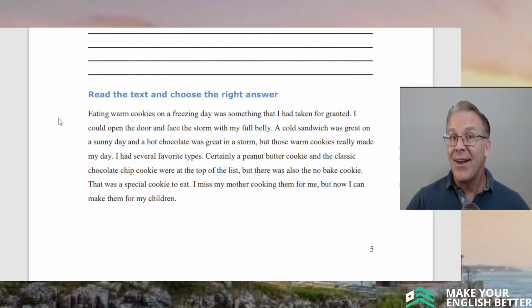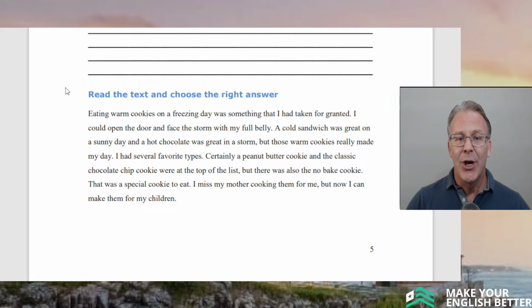I had several favorite types. Certainly, a peanut butter cookie and the classic chocolate chip cookie were at the top of my list. But there was also the no bake cookie. That was a special cookie to eat. I miss my mother cooking them for me, but now I can make them for my children.